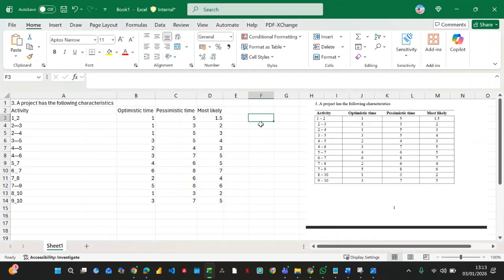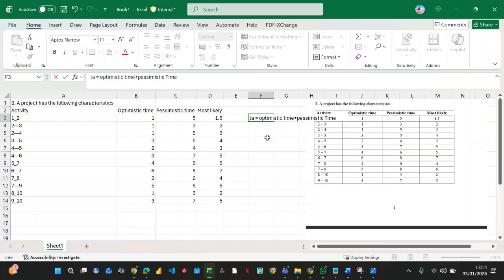The expected time is represented by T. So the formula should be equal to the optimistic time plus 4 times the most likely time plus the pessimistic time, all divided by 6. No, let me write it down so it's not just what I say.